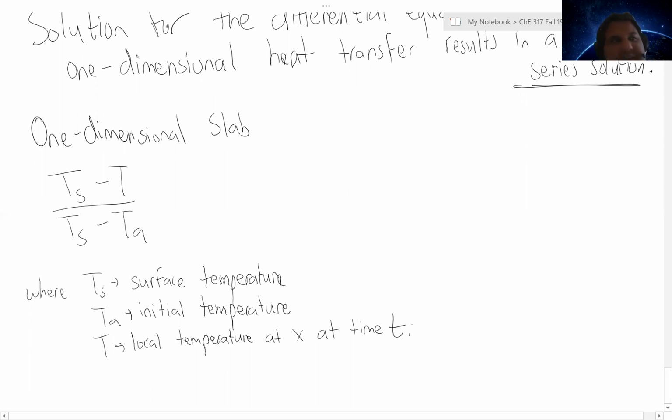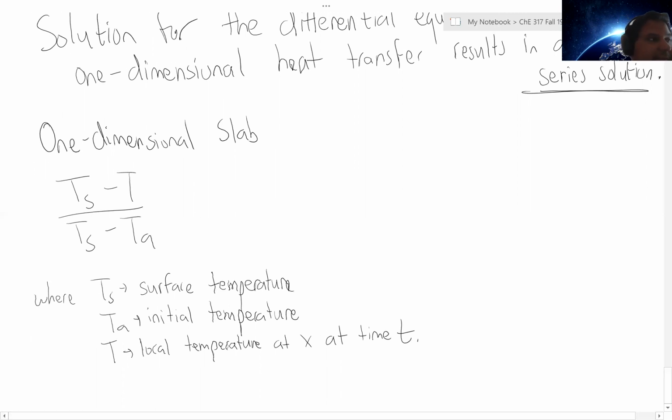And that's what makes this complicated, because we're not only considering the temperature as a function of position, we're also considering it as a function of time, hence the emergence of the second derivatives that exist within the system.